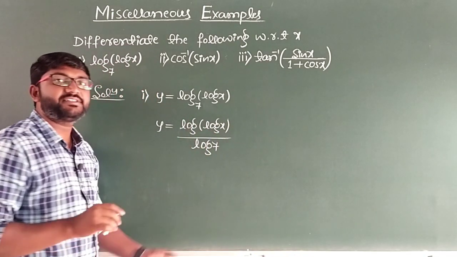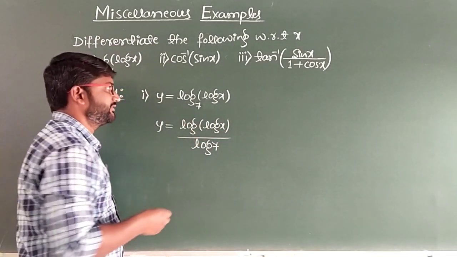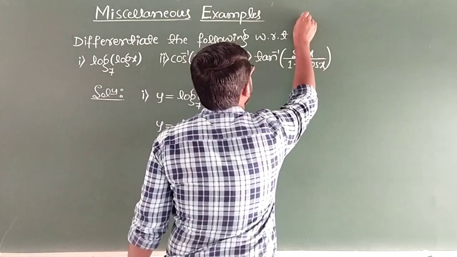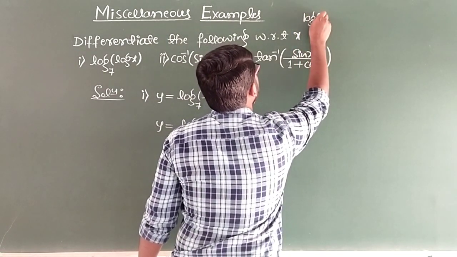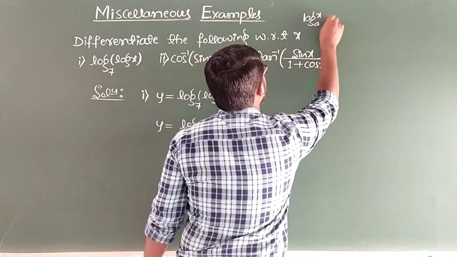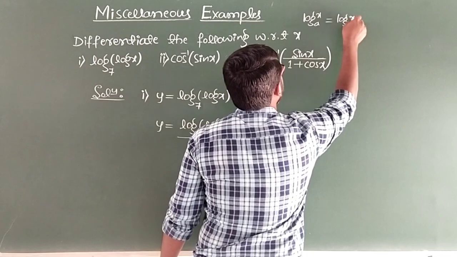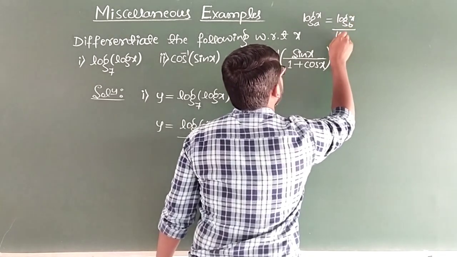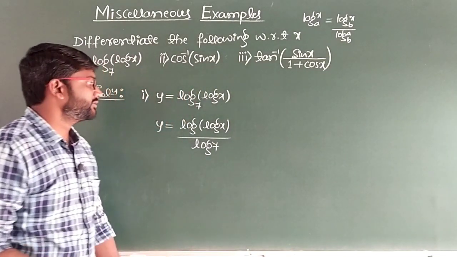So we have a change of base rule. The change of base rule says log x to the base a can be written as log x to the base b whole divided by log a to the base b. That's what we have done now.